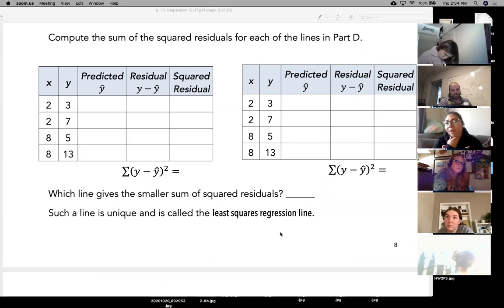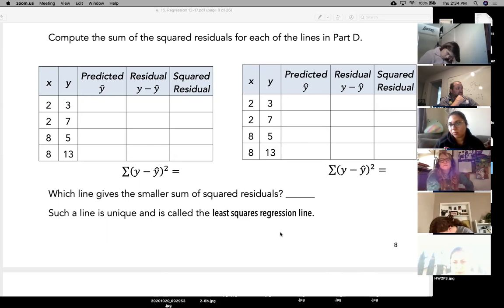So basically what you're saying is that we have to continue making lines until we get it as small as possible? You would think that. But here's the thing. That sounds like a daunting task because you can make lines for hours. How do you know that you're ever going to reach the point where it's as small as possible? How do you know that you didn't miss one and there's one even better and smaller?